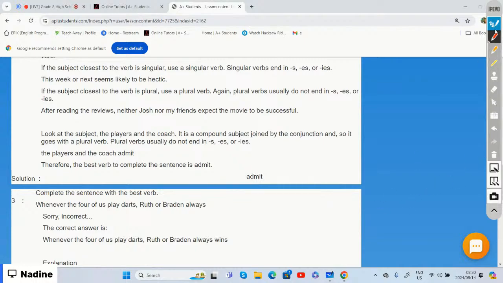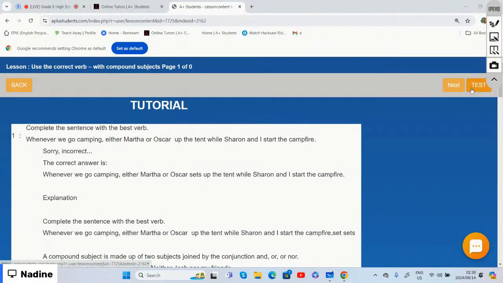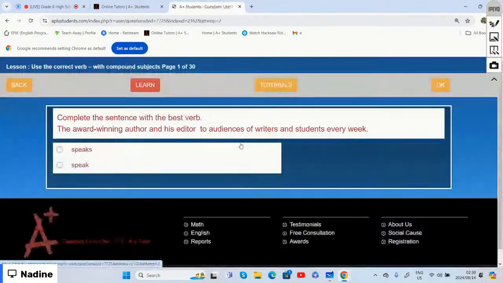All right, so now we're going to our test. We're going to complete the sentence with the best verb.